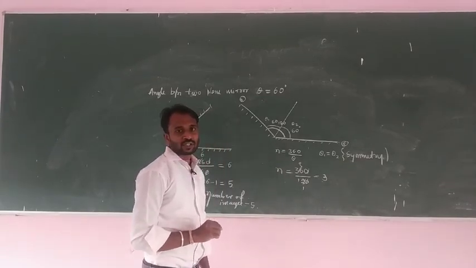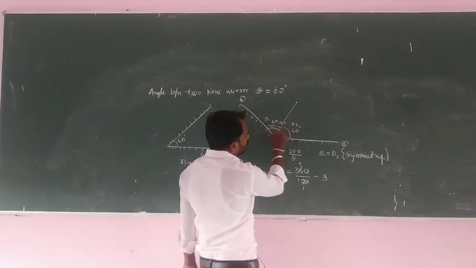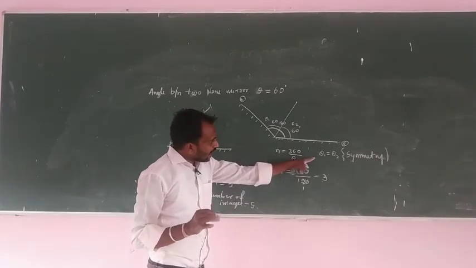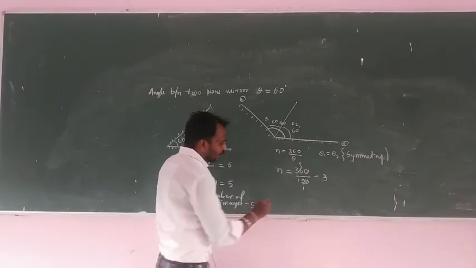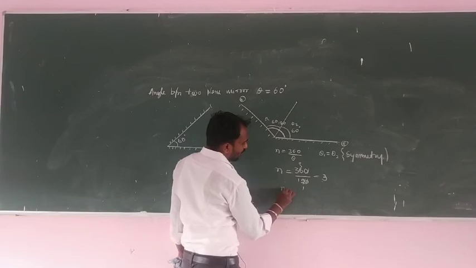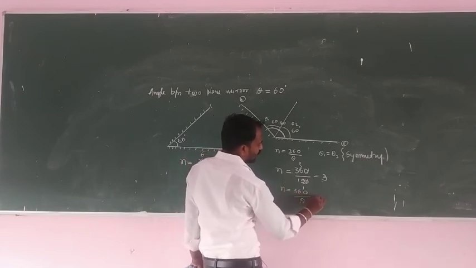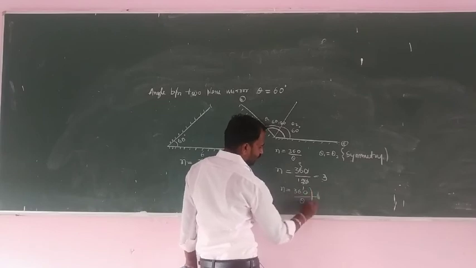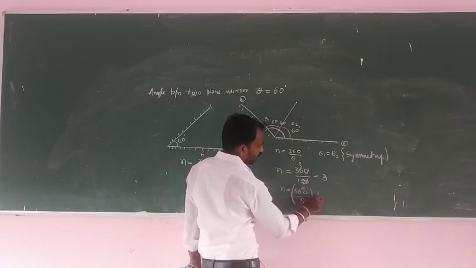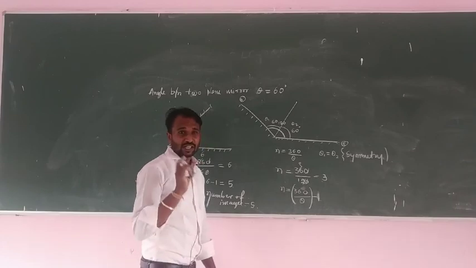If the condition is symmetric, only then do we use the formula n is equal to 360 divided by theta, minus 1, in the symmetric condition only.